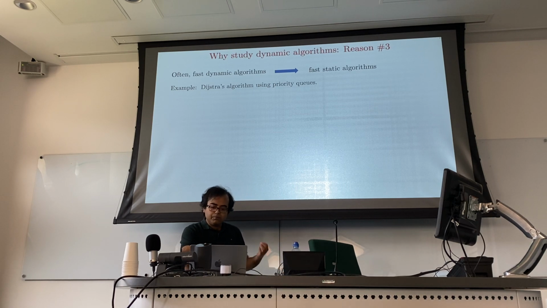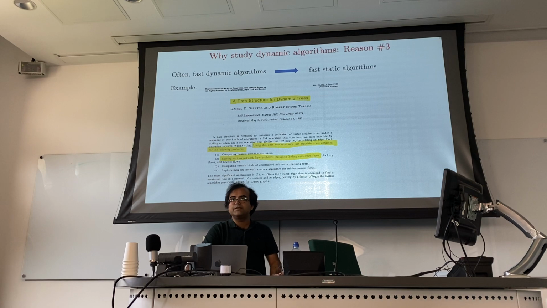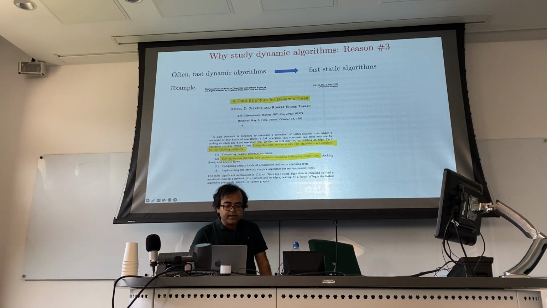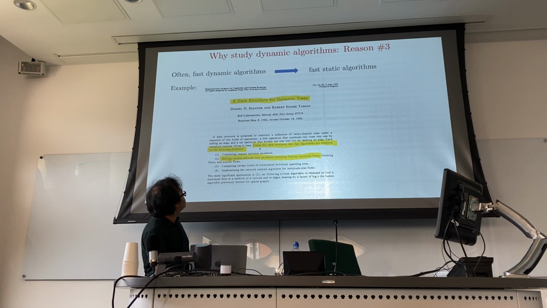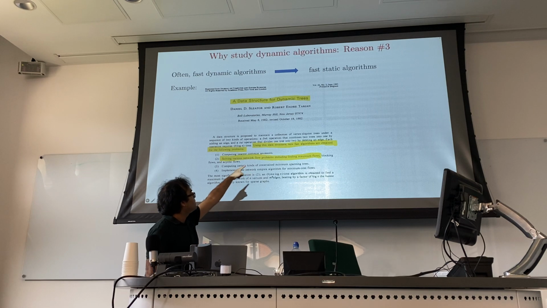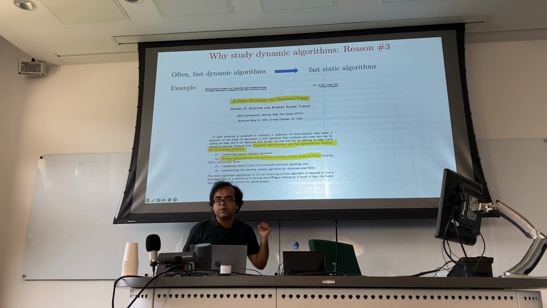Indeed, one of the very first famous papers in dynamic algorithms was by Sleator and Tarjan in the early 80s. It's called a data structure for dynamic trees. If you look at the abstract, it says that using this data structure, new fast algorithms are obtained for problems like max flow and other network flow problems. So the very first celebrated result in dynamic algorithms led to fast static algorithms for max flow.